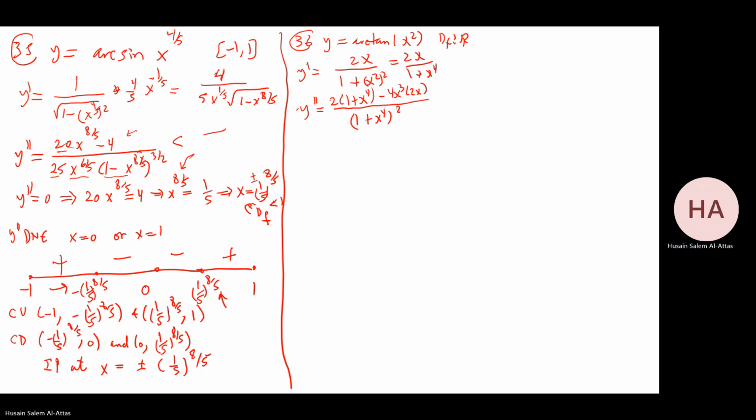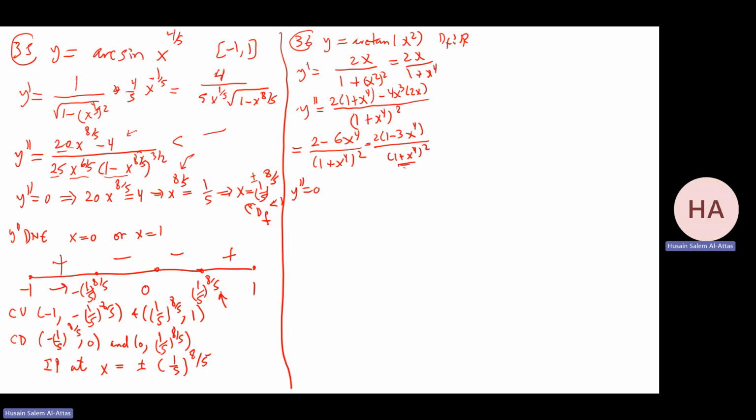So that gives me 8x to the power 4 minus 8, so it will be 2 minus 6x to the power 4 over this. In other words, 2, 1 minus 3x to the power 4 over this. This is always positive, so no need to worry about it.